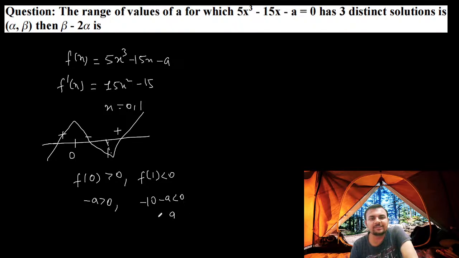So a is bigger than minus 10, a is less than 0. So it is from minus 10 to 0. This is alpha comma beta. Can we say beta minus 2 alpha is 20?